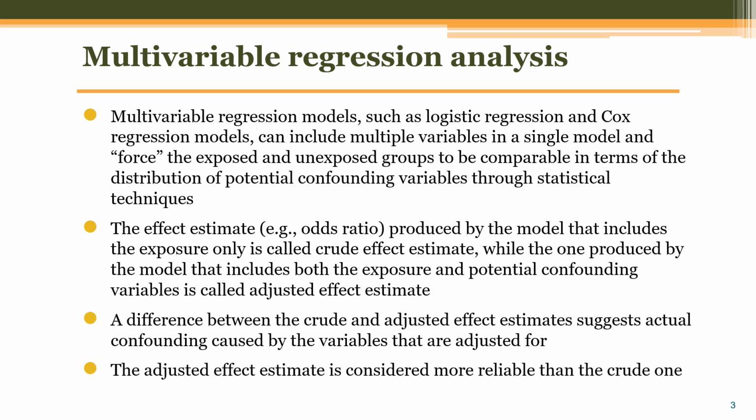The effect estimate, such as odds ratio produced by the model that includes the exposure only, is called crude effect estimate, while the one produced by the model that includes both the exposure and potential confounding variables is called adjusted effect estimate. A difference between the crude and adjusted effect estimates suggests the presence of confounding caused by the variables that are adjusted for, and the adjusted effect estimate is considered more reliable than the crude one.